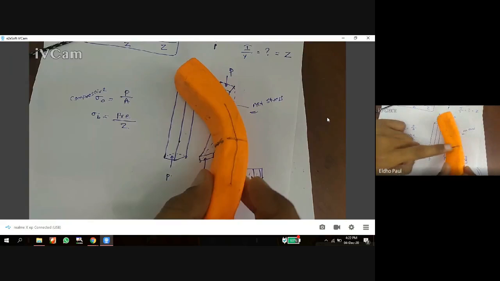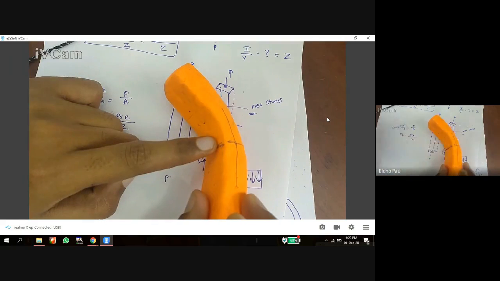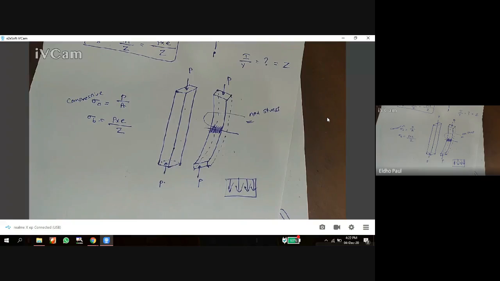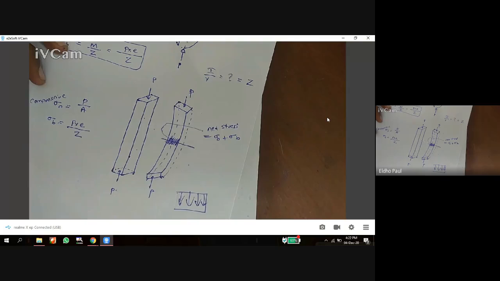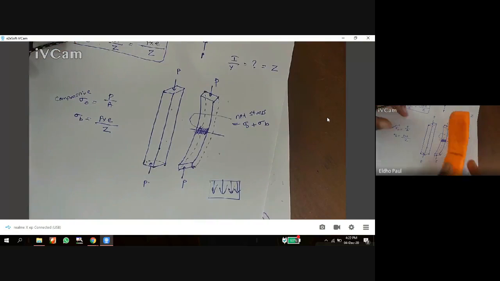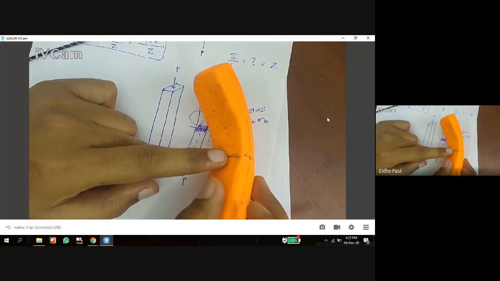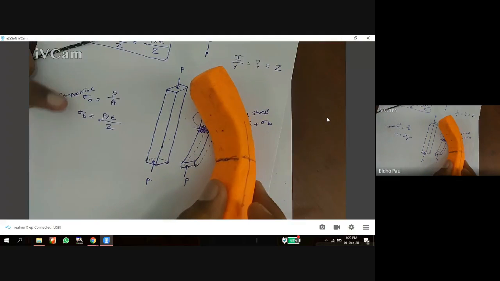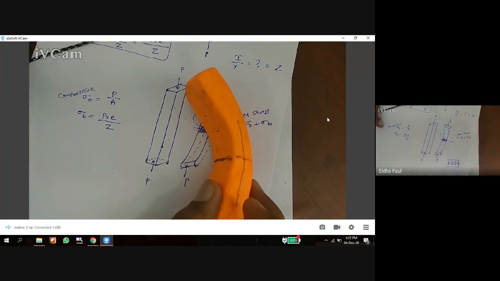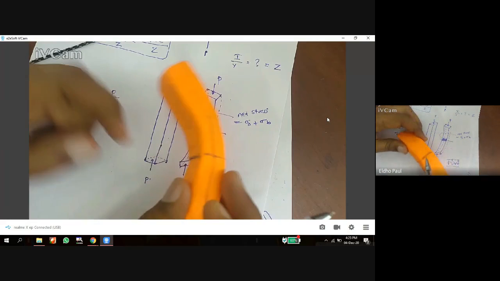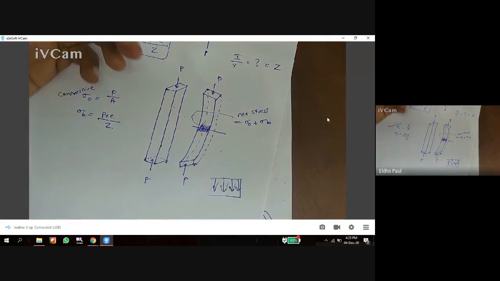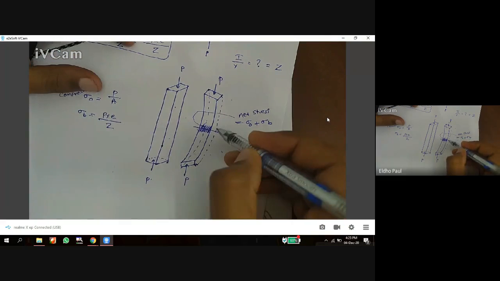My question: on this surface, what will the net stress be? Both are compressive, so what should we do? Sigma 0 plus sigma B. On this surface both are compressive, that is, the direct stress and the bending stress are both compressive. So we can add them together: net stress on this inner surface is equal to sigma 0 plus sigma B. What about the outer surface?